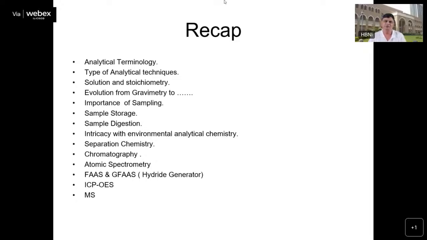Then we talked about solutions and stoichiometry. With time you may forget how to write a chemical equation, so that's why we have taken up this section. In this small section, we saw how to balance a chemical equation, and what is given in the parentheses shows the physical state: S for solid and G for gases.